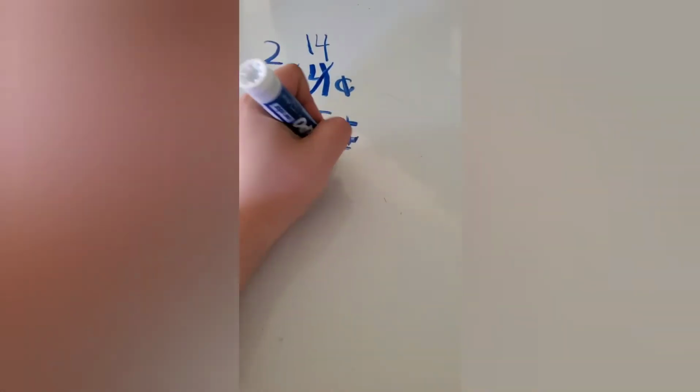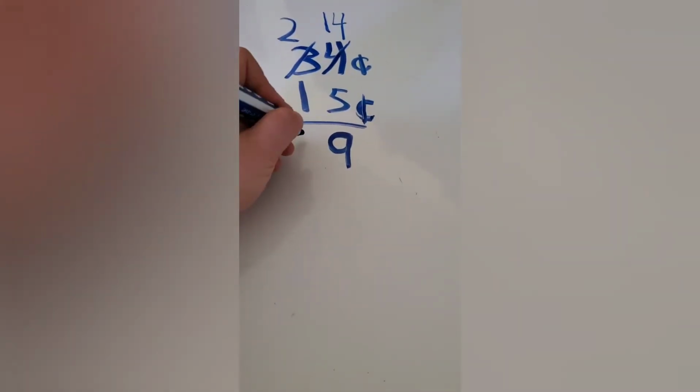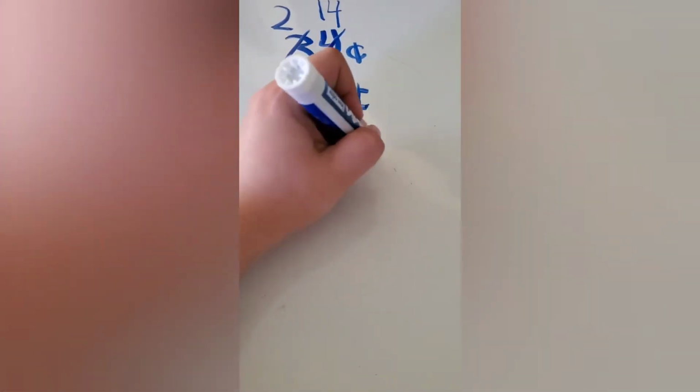You're right, it's 9. 2, take away 1 is what? 1. So the answer is 19. Did you guys get that answer? I hope you did. It is fun to regroup with pennies and dimes. All right, it's super fun. Okay, so now that we have practiced, let's move on to the next part of our lesson.